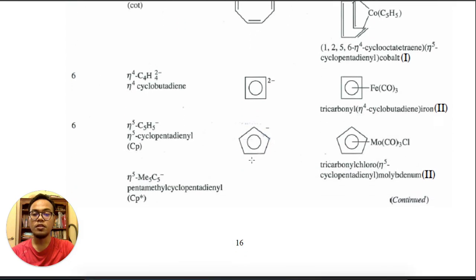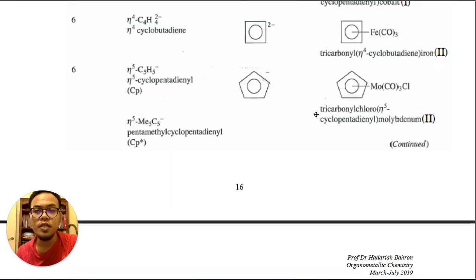Then moving on. For cyclobutadiene, we have tetrahapto, meaning all 4 involved. So all 4 with 2 double bonds are going to be 4 electrons. We call this a diolefin. Now next we have cyclopentadienyl. We have pentahapto, all 5 involved with 2 double bonds, so 4 electrons, and with 1 alkyl group.